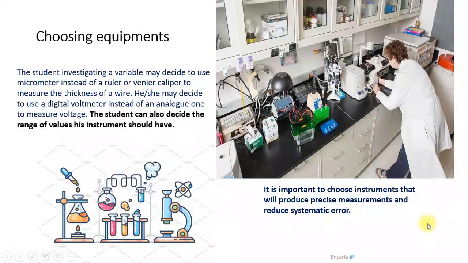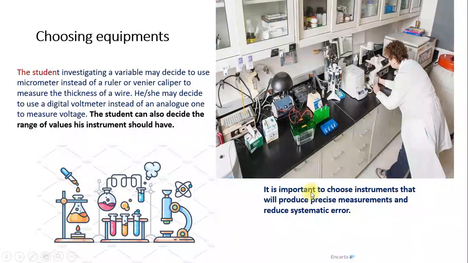Any form of system error or instrument error may affect the final result. So to avoid this kind of error involving the instrument, it's important that you select the right instrument that you want to use at the preliminary stage.